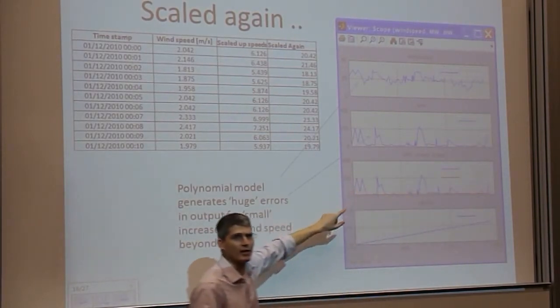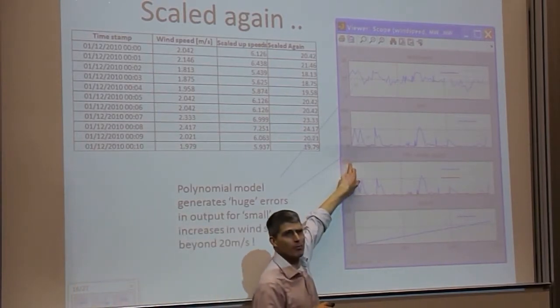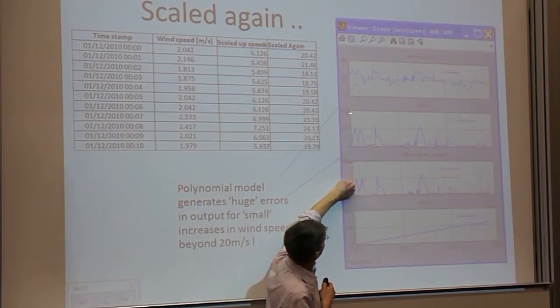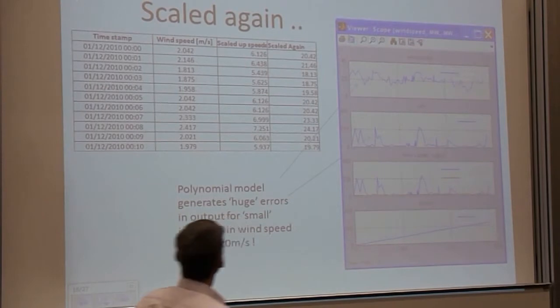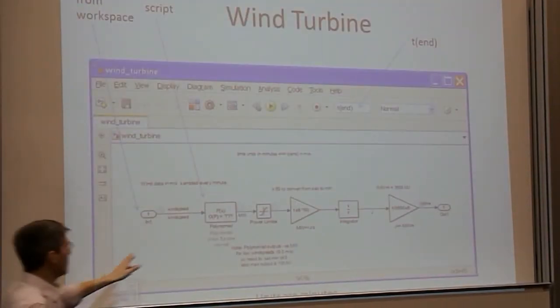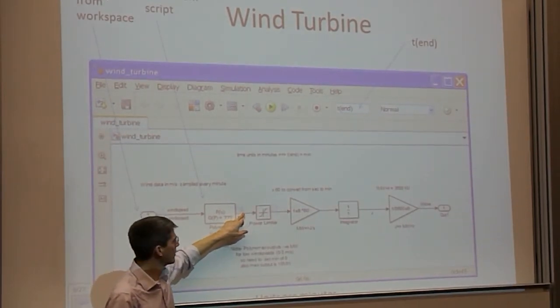Now, it looks a bit strange, but if you look at the y-axis, we're talking 400 megawatts here. So you can see that the output of the polynomial here is going up into the hundreds of megawatts.